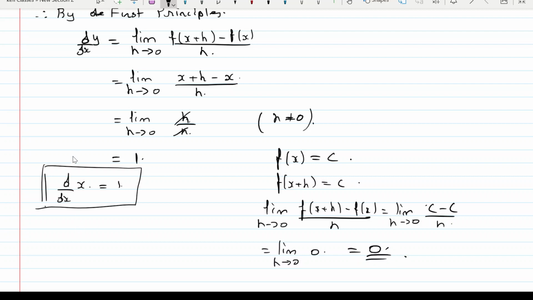So the derivative of a constant is 0. Whereas limit of a constant is constant, but the derivative of a constant is 0. ठीक है?